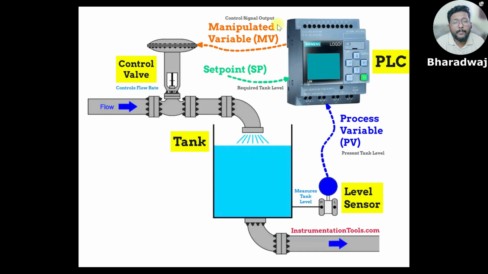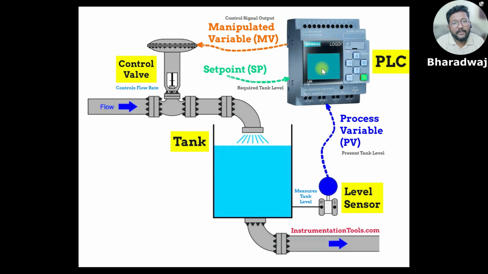So in brief, the PLC receives the tank level from the sensor, which we call the process variable PV, and the operator or user enters the set point, which is nothing but the required tank level. Then, based on the inputs, the PLC controller generates an output.